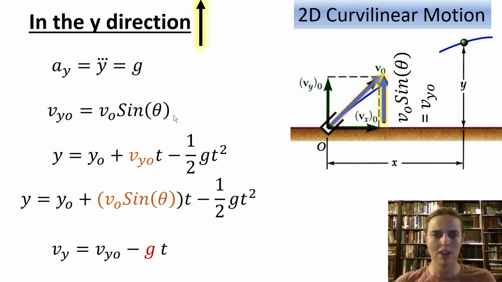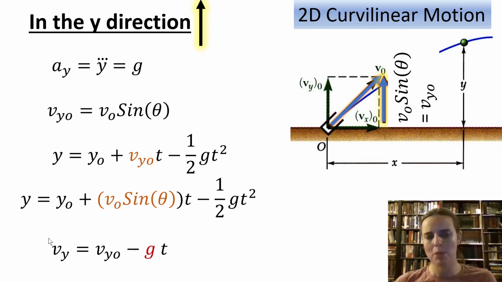Gravity is going to be pulling down on it. So y equals y naught plus the starting y velocity, that sine theta chunk of it, minus 1/2 gt squared. So there's our acceleration that's changing our velocity. So there's our position, and we can plug in that v naught sine theta.